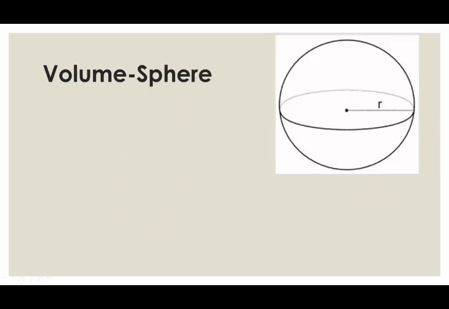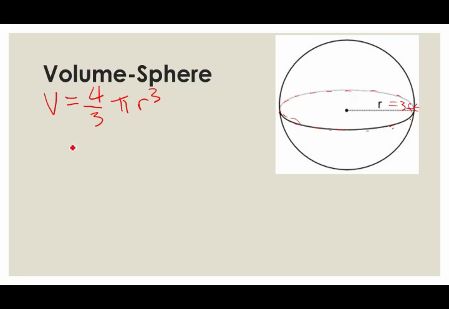And volume of a sphere is volume is equal to 4 divided by 3 pi r to the third, and the only variable we need to know is the radius. So this is the circle of our sphere, and let's say our radius is 3 feet.